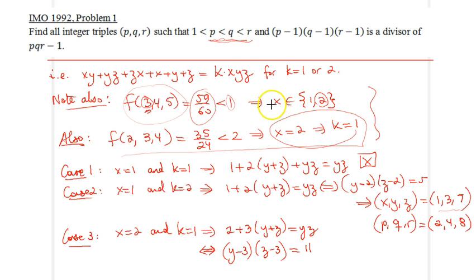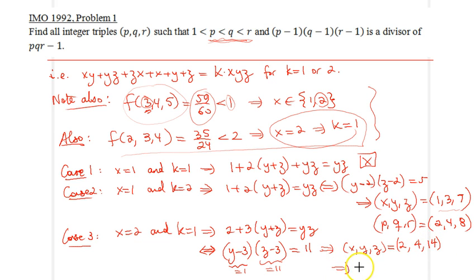So we know their ranking. z must be, I believe, 14. So x is equal to 2, obviously, y is 4, and z is 14.